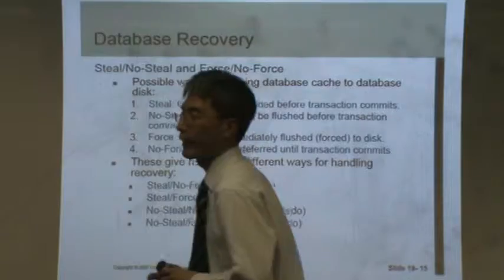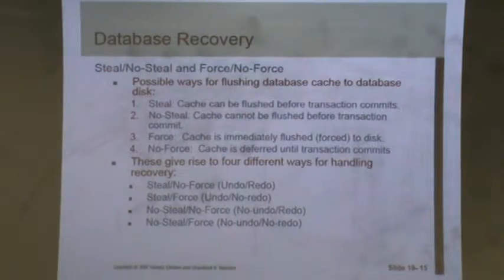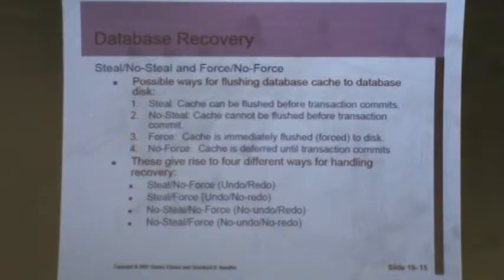To understand database recovery, there are different types of backup and database recovery steps that can be classified as steal, no steal, and force, no force. Steal means, what does it mean, steal? Even before commit, you can apply the data from memory to the hard disk drive. It's kind of stealing.